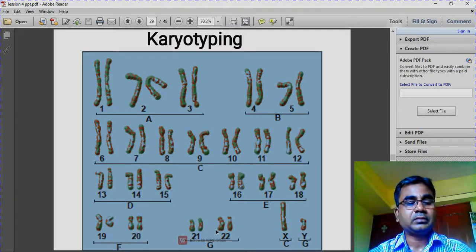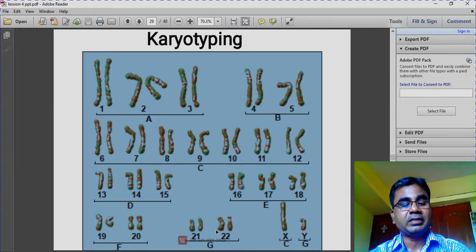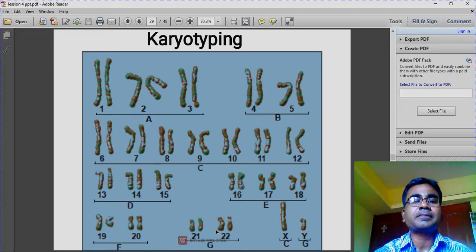After that, the chromosomes are separated from the cells and spread, and photographs are taken. Each chromosome is cut from the photograph and arranged in an orderly manner, in homologous pairs.